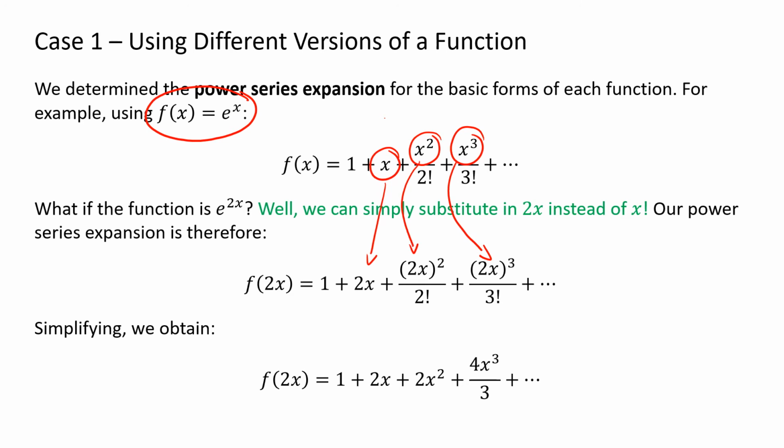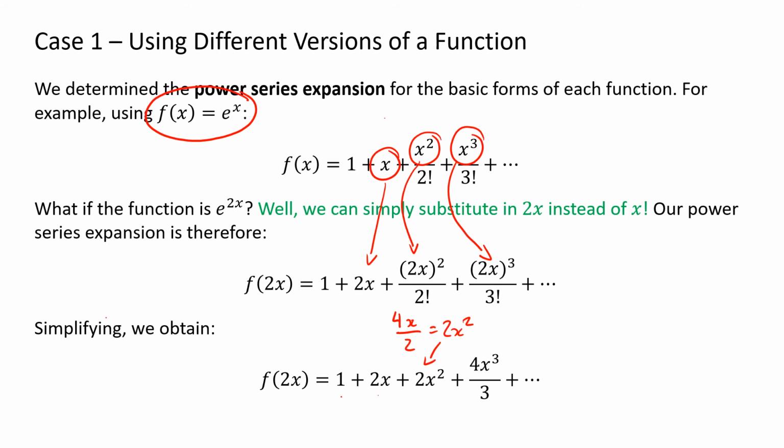And if you do that, often it's going to require some simplifying. So we end up with 1 plus 2x. In our next term, we have 2x squared, which is 4x squared, because you have to square both terms. And you have a 2 in the denominator. So this becomes 4x squared divided by 2, which is 2x squared, which you can see here.